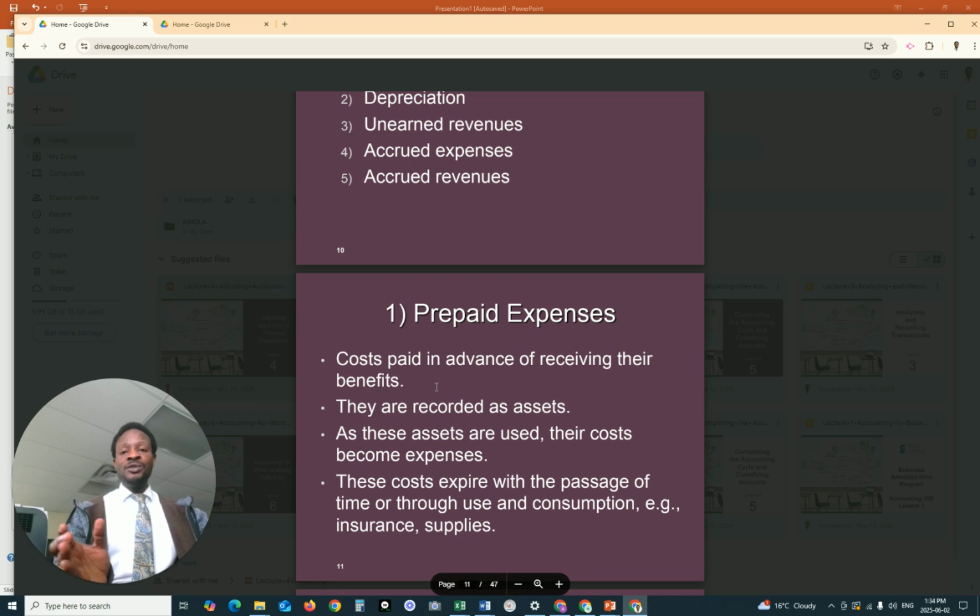And as you start using it, that asset account is going to be reducing, whereas it is building up your expense account. So if you have a rental prepayment account, as you're using the premises month by month, the expense account of rent would be going up, while the prepayments you had made would be going down.